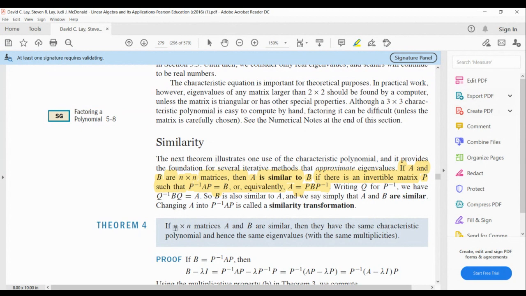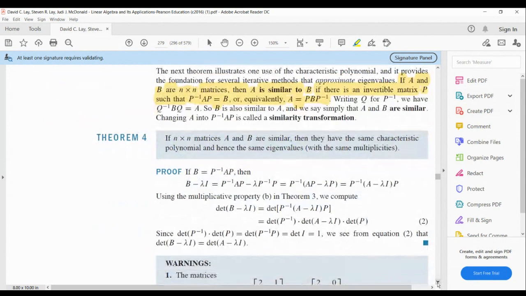Incidentally, theorem 4 says if two matrices are similar, then they have the same characteristic polynomial and hence the same eigenvalues. They actually prove that here. I think it's easier to look at the theorem with your own eyes instead of me narrating it completely.